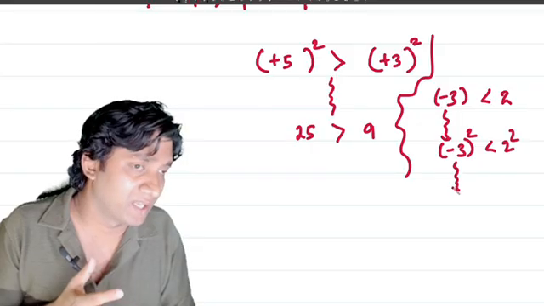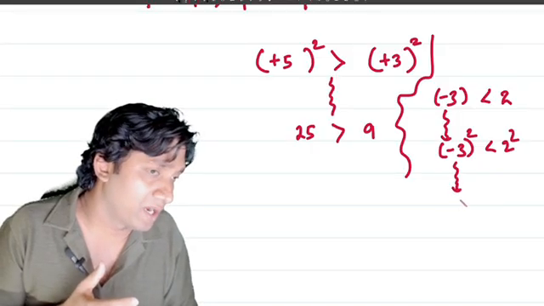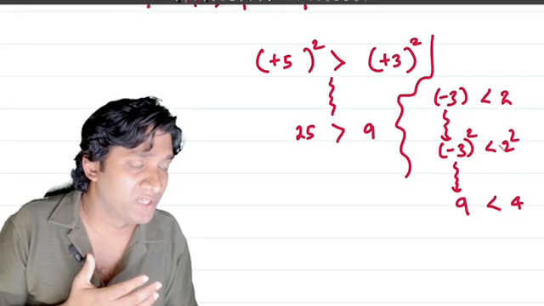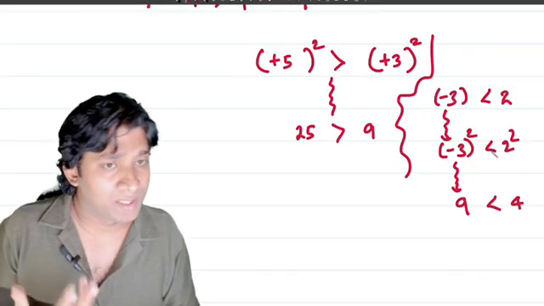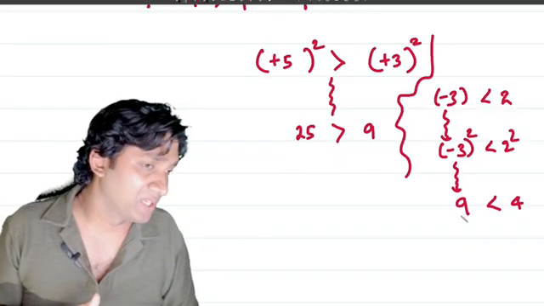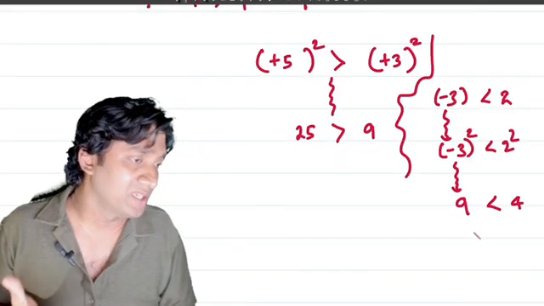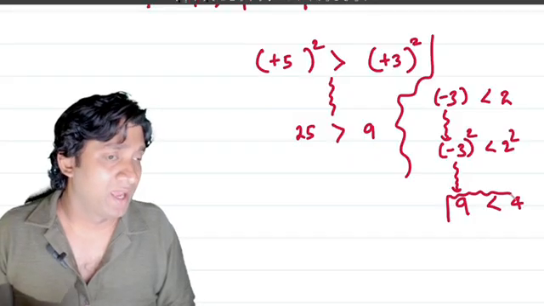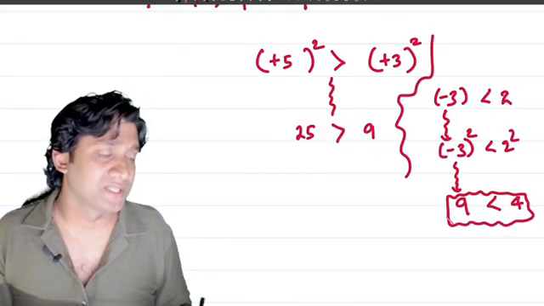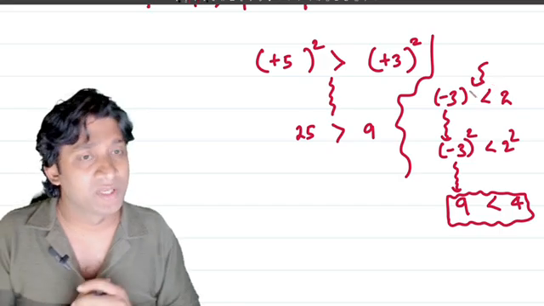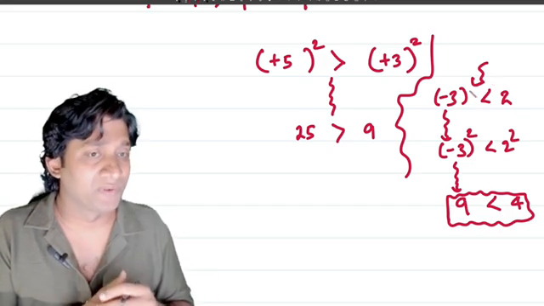Let's see what result we get. Here we have +9 and here we have 4. There's no rule to change the sign, and this is the final inequality we got: 9 is not less than 4. We got an incorrect result because we did something wrong at the beginning.